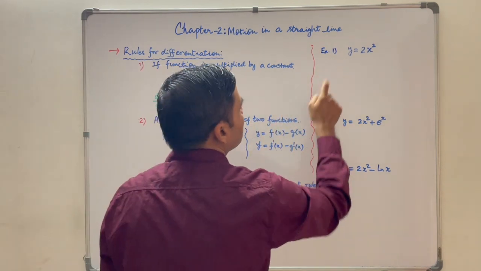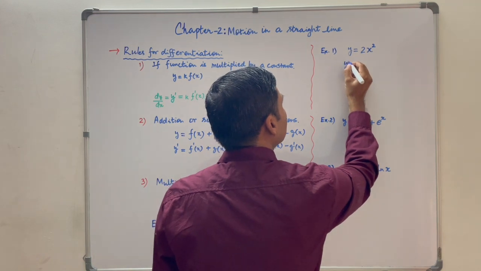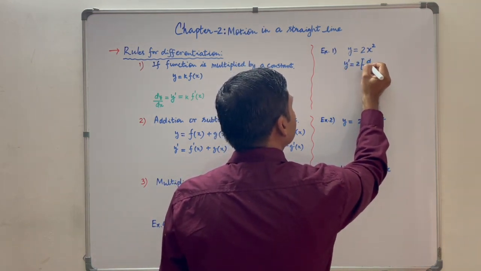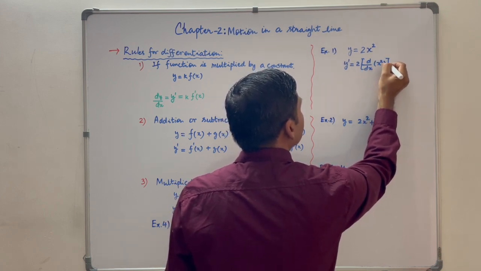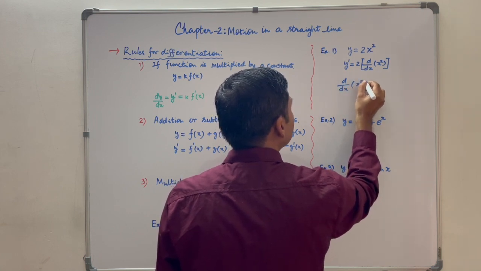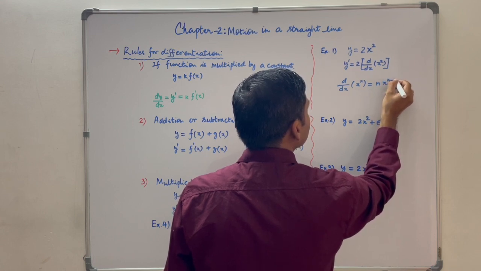Let us see this example. y is equal to 2x square. Then y dash will be equal to 2 times the derivative of this function, d by dx of x square. You know that d by dx of x to power n is equal to n x to power n minus 1.